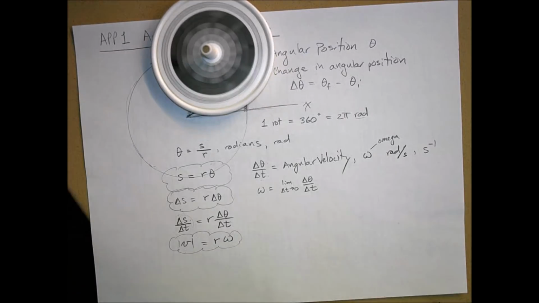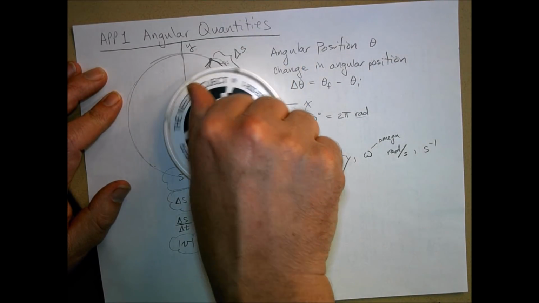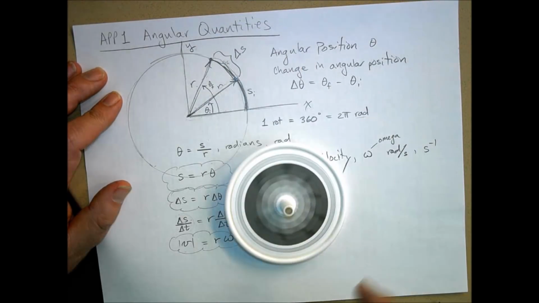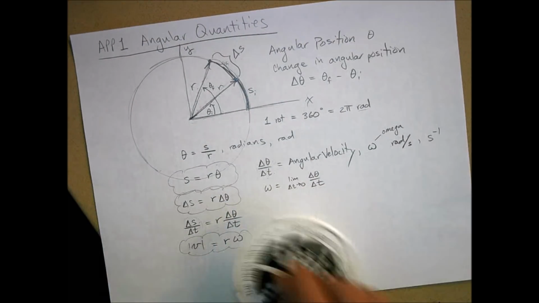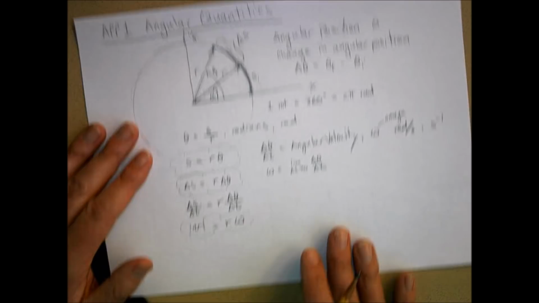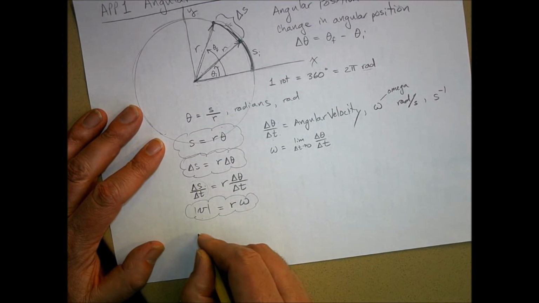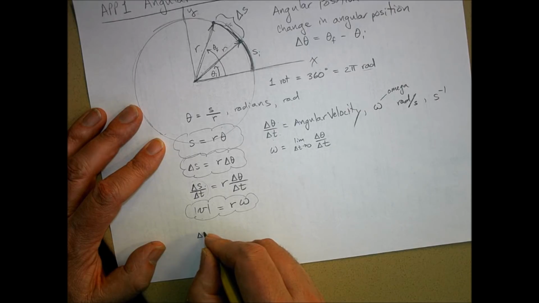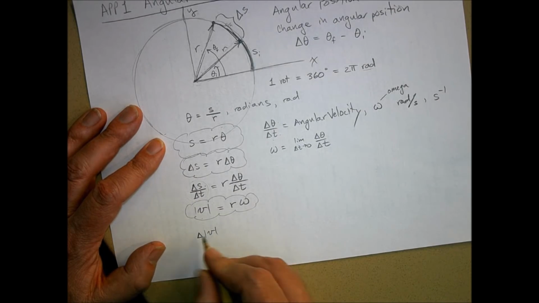I'm making it spin faster, and it's not spinning at all, and then I twist it and it starts to spin. Well, I'm changing the speed at the outside here, and if I say, okay, at what rate was I changing the speed? I'm going to get a delta, the change in speed over the change in time.